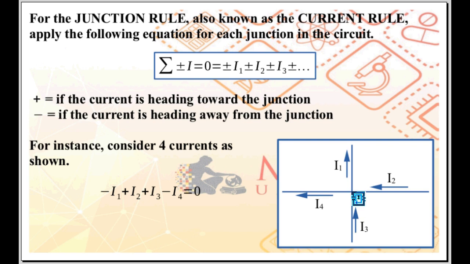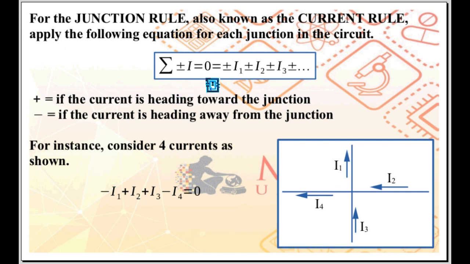With this junction, we have four currents associated with it: I1, I2, I3, and I4. I1 is leaving the junction. I2 is heading into the junction. The same goes for I3, heading into the junction, whereas I4 is heading away from the junction.